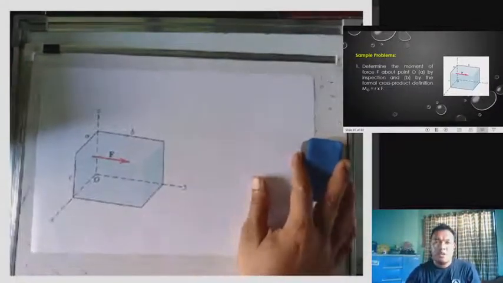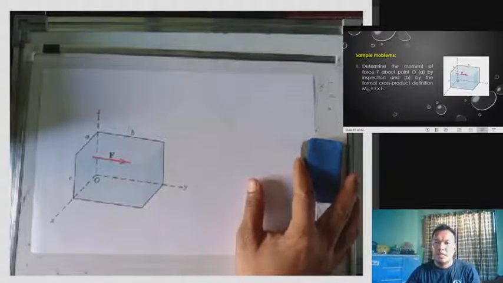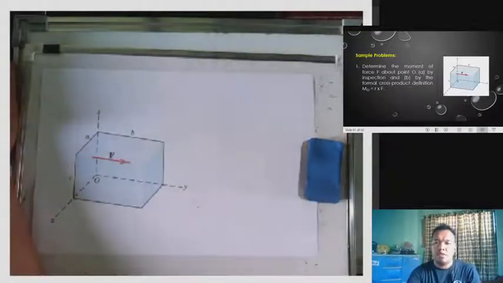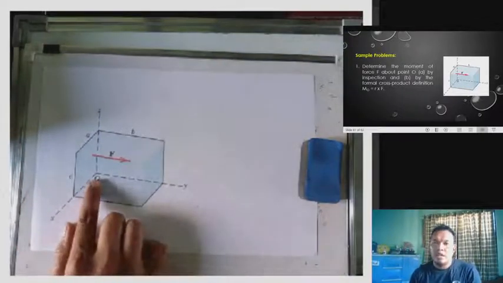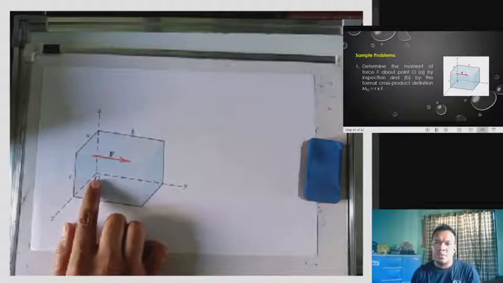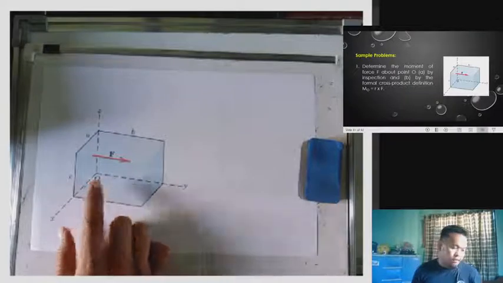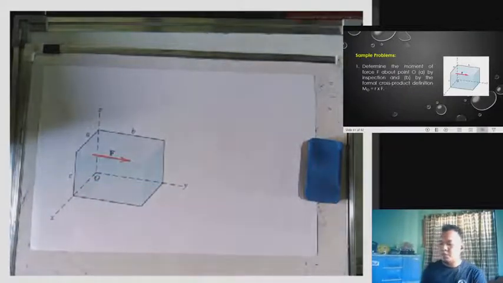Okay, so we have here problem number 1. Determine the moment of a force F about the point O by inspection and by the formal cross product definition na MO is equivalent kay R times F. Okay, so una, by inspection lang daw.